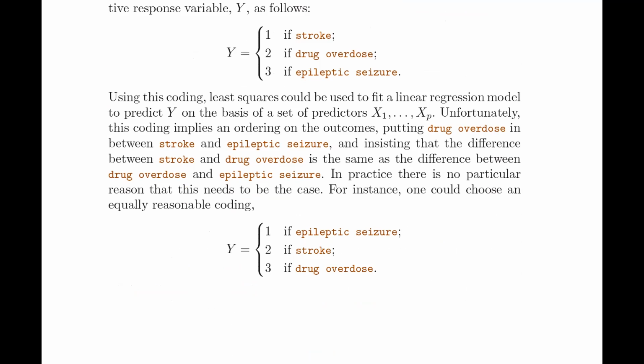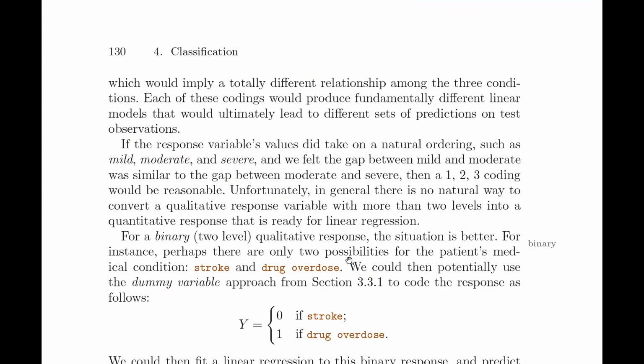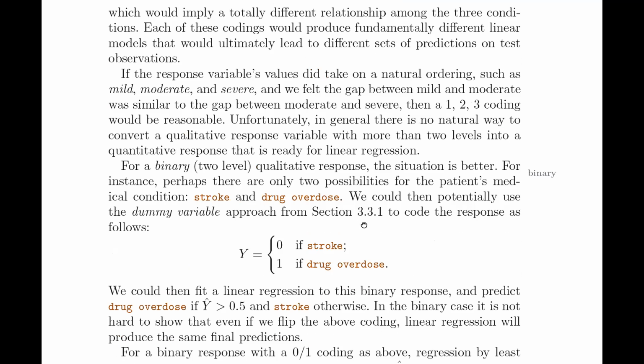For instance, one could choose an equally reasonable coding where they've just reordered these three classes, which would imply a totally different relationship among the three conditions. Each of these codings would produce fundamentally different linear models that would ultimately lead to different sets of predictions on test observations.